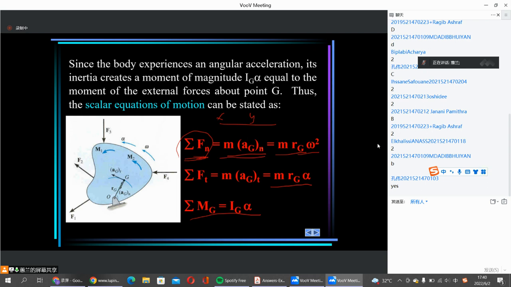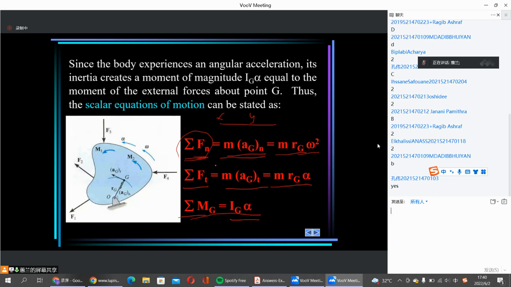And this one will be the normal component of the kinetic force. This one will be the tangential component of the real force system. This one will be the tangential component of the kinetic force. And this one will be the moment about the mass center of the real force system. This one will be the kinetic moment about the mass center.